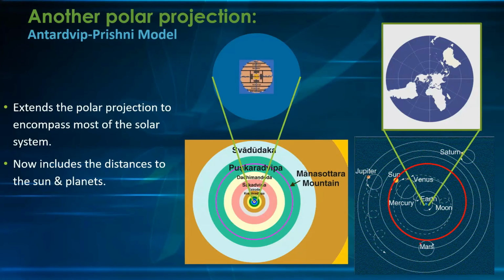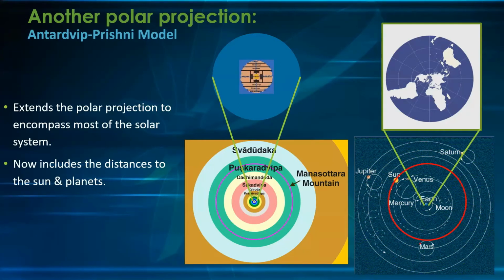So what we're doing here is we're extending that projection of the Earth beyond just Jambu-dvipa here, but all the way out to just a little bit beyond the orbit of Uranus.